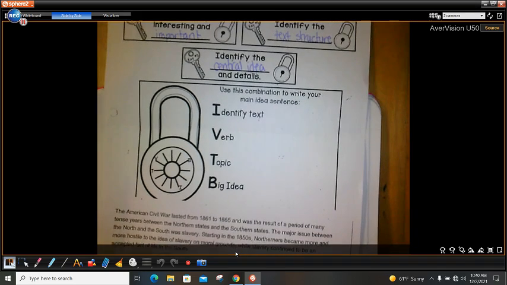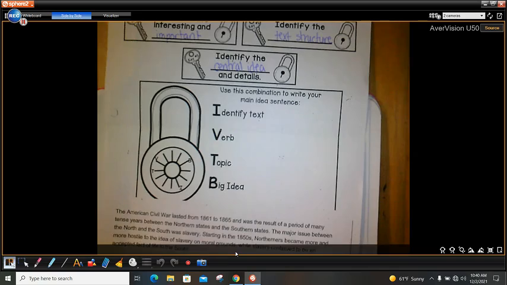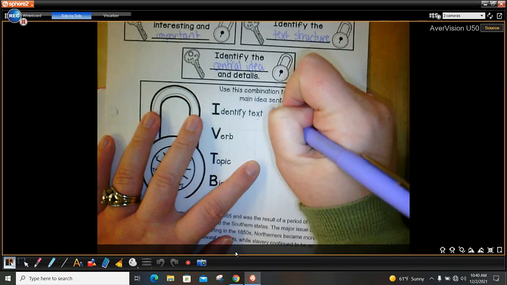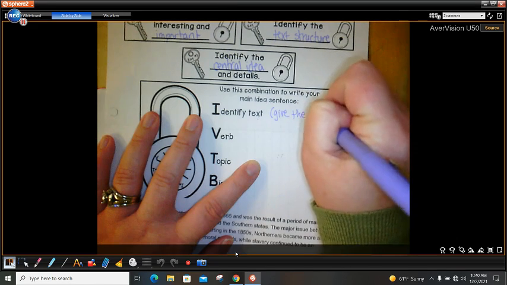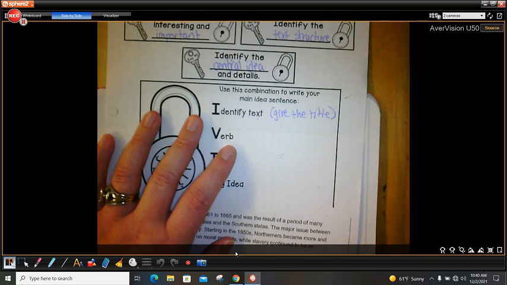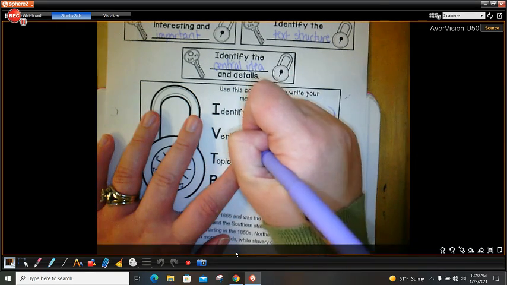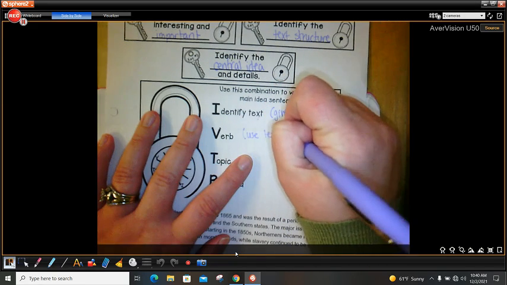When we write our main idea sentence, we're going to identify the text. That means give the title. We're going to give a verb. Use the text structure.